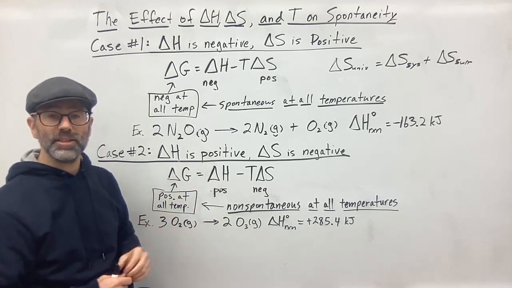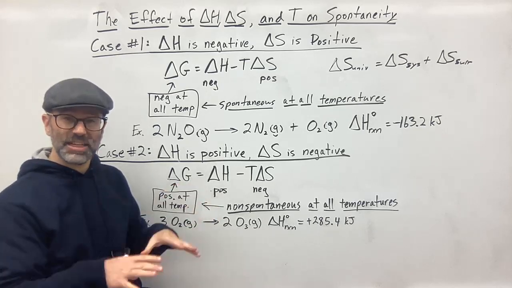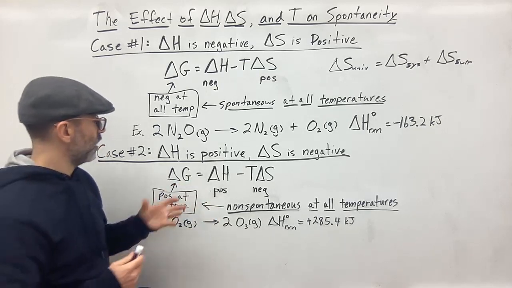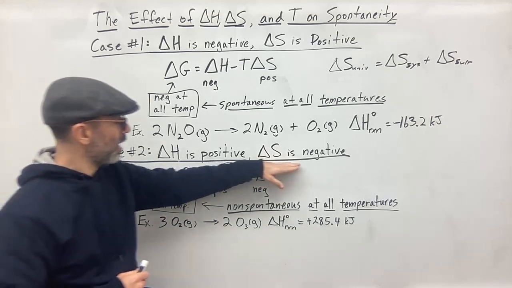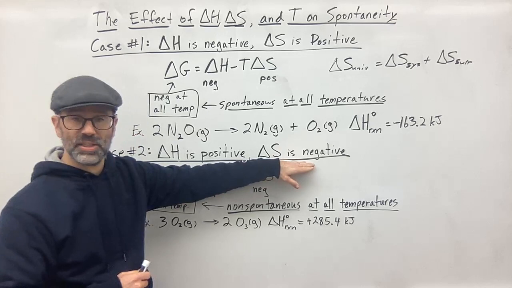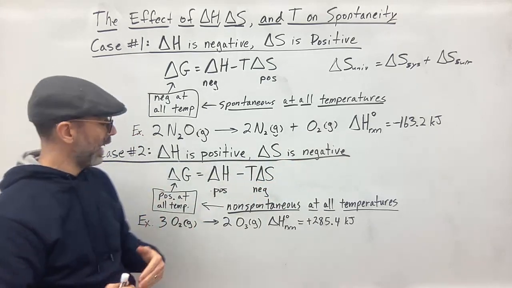So you are taking entropy away. The surroundings is decreasing in entropy because it's an endothermic reaction. And we have a negative delta S of the system, so the entropy of the system is decreasing as well.